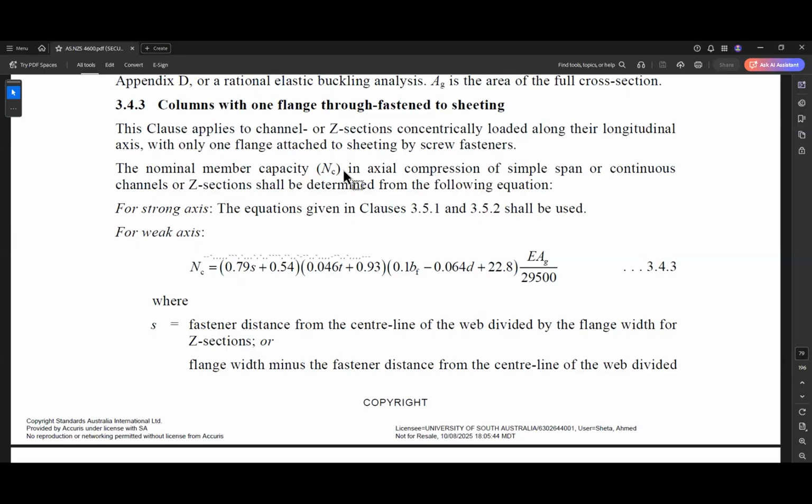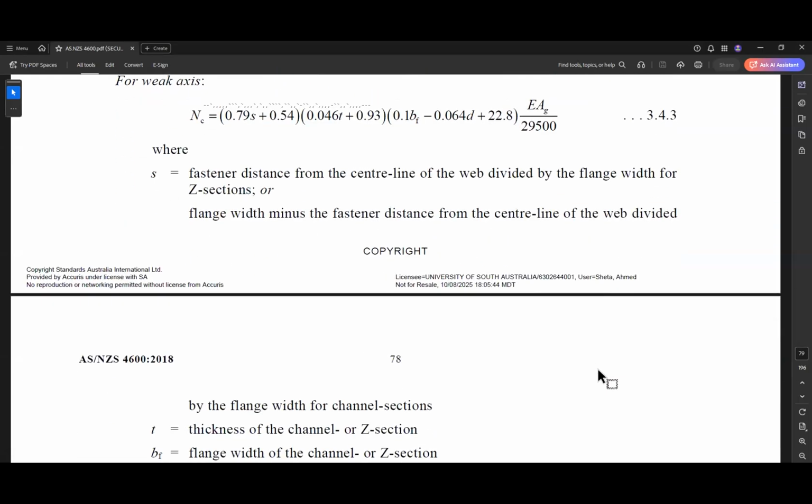The nominal member capacity in axial compression of a simple span or continuous channel shall be determined from the following equation. For the strong axis, we don't have a problem, so we can use the previous formulas. But for the weak axis behavior, we need this formula here, where S is the fastener distance from the center line of the web divided by the flange width for a Z section, or the flange width minus the fastener distance from the center line of the web divided by the flange width.